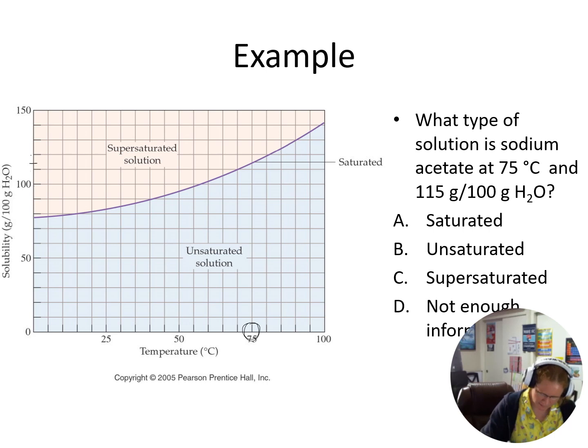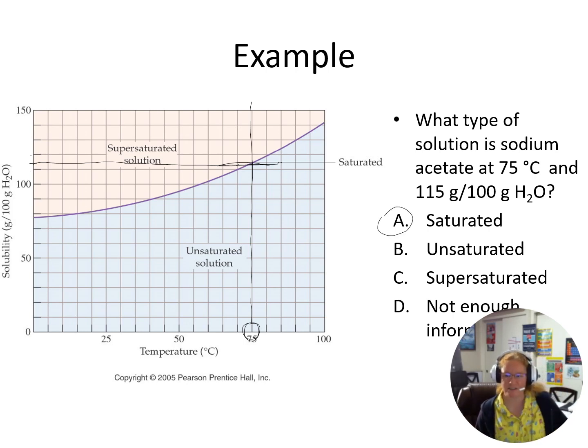All right, so our 75 line goes up here. Our 115, we go over this way. So I'm not quite right in the middle there, but basically we should be right on that line of saturation. So that's where we're saturated. So at 75 degrees Celsius, we shouldn't be able to get any more sodium acetate to dissolve into our water.